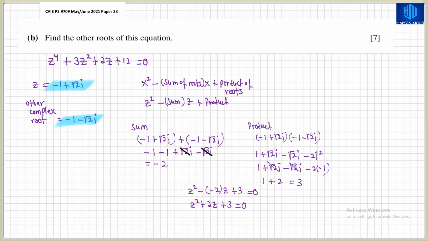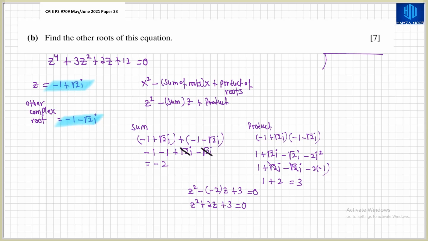So we can say that z raised to the power 4 plus 3z square plus 2z plus 12 is completely divisible by z square plus 2z plus 3. We are going to use the long division method to find the quadratic quotient, since the polynomial with a degree of 4 is divided by a quadratic divisor, so the quotient will also be quadratic.